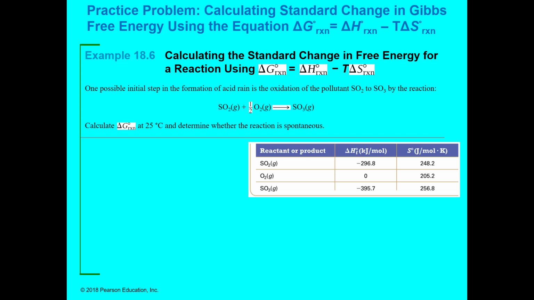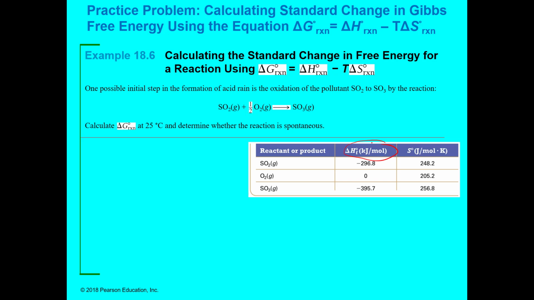So when we do this, though, we have got to be able to have the delta H numbers and the delta S numbers. And notice that this is formation, okay? So these are the delta H0 of formation in kilojoules per mole.